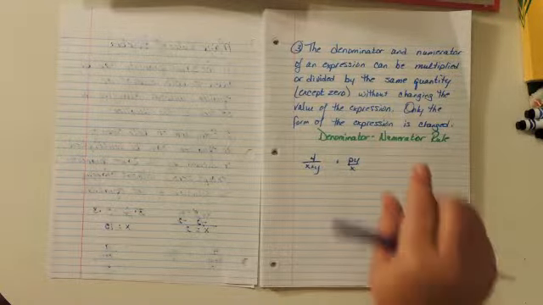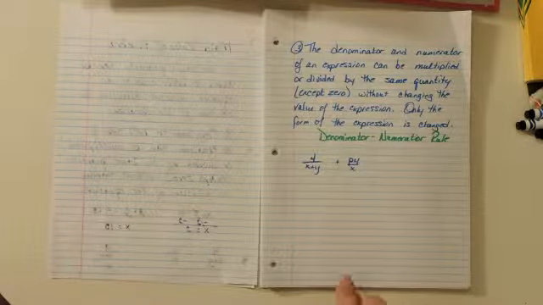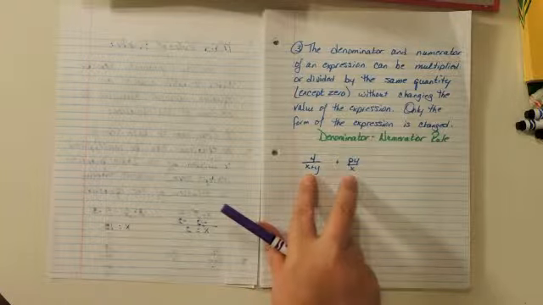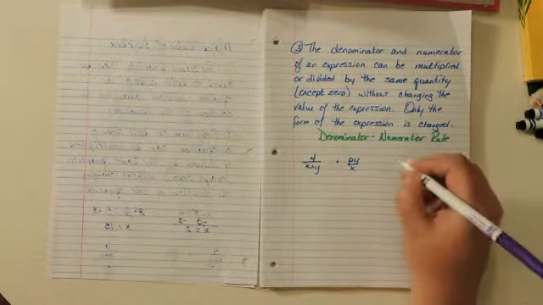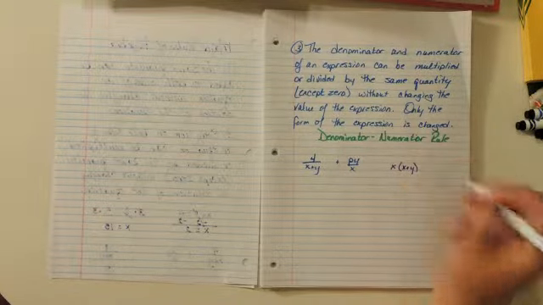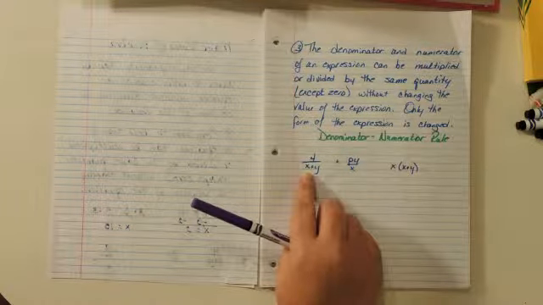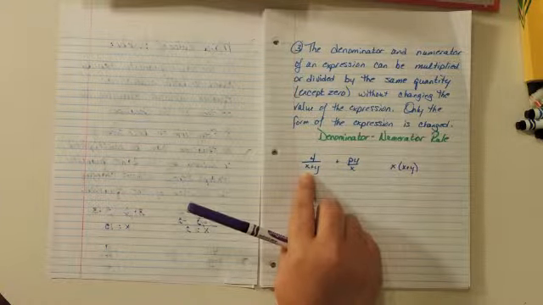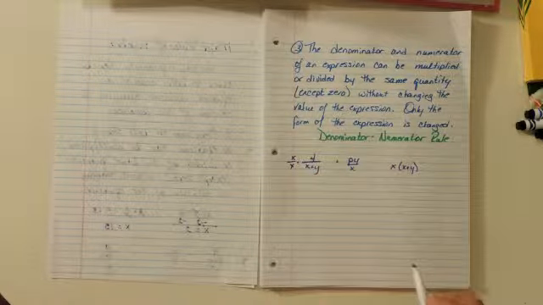So if we're supposed to simplify this, we're going to use rule number 3 to find the lowest common denominator. The lowest common denominator of x plus y and x is going to be x times x plus y. So in order to have x times x plus y in this denominator, we're going to multiply the top and bottom by x.